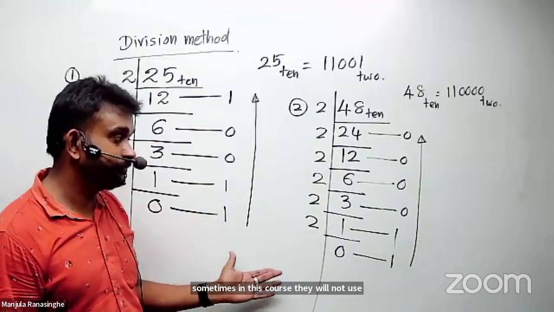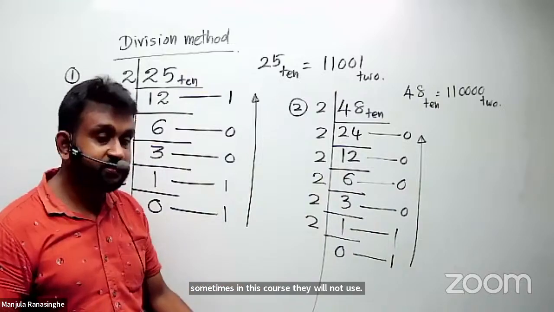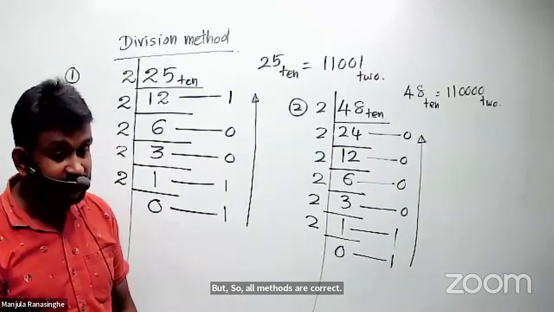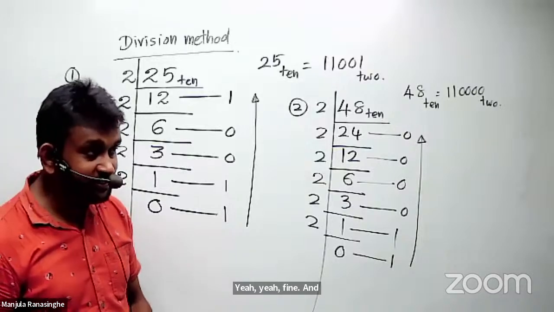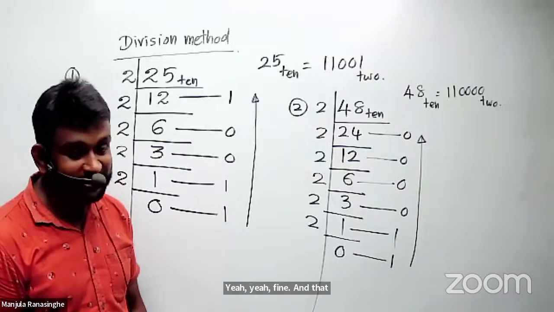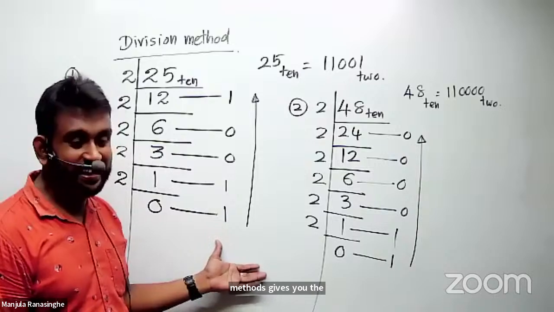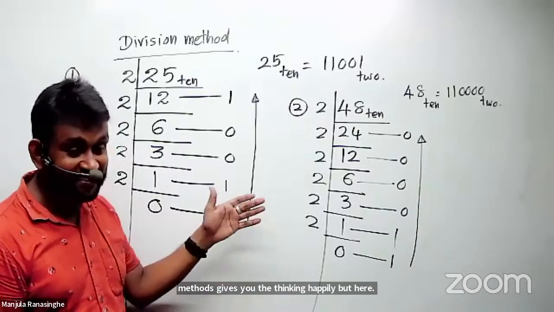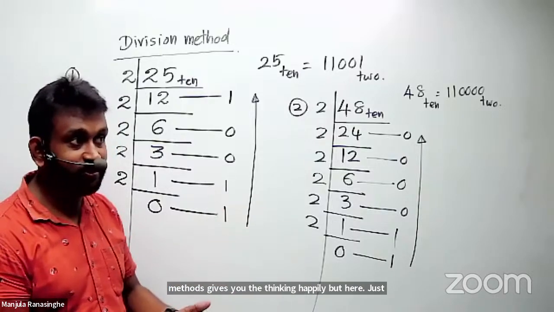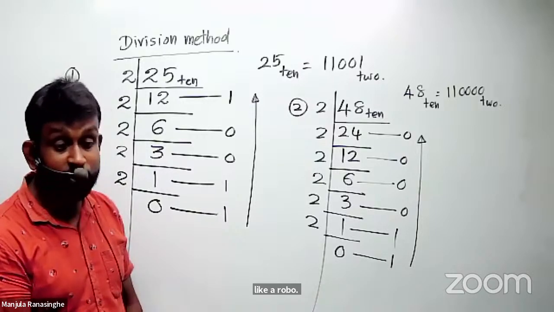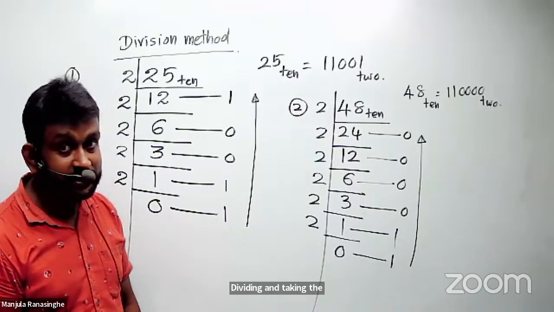But all methods are correct. To find whether our answer is correct, we can use that method. Yeah, fine. That method gives you the thinking ability, but here you are just like a robot dividing and taking the zeros, without any idea how this was born. That's why I taught that one.